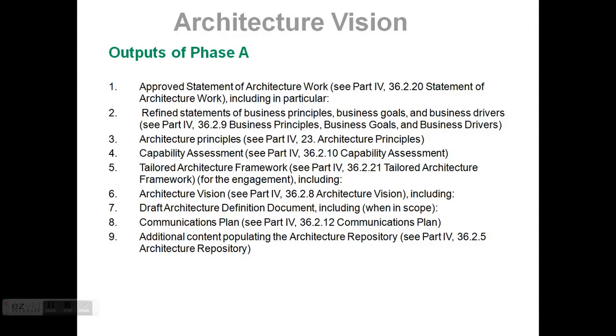I also failed to mention that in the first output, approved statement of architectural work, we need to put things such as architectural project description and scope, an overview of architectural vision, and architectural project plan and schedule.